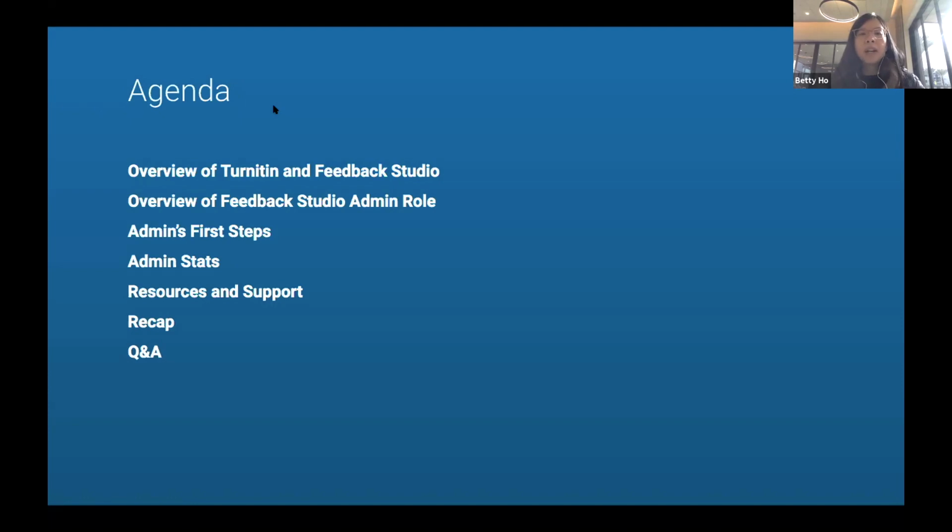And then we're going to do a quick review of various resources and support that you can use as an admin, and then wrap things up and then go into Q&A.